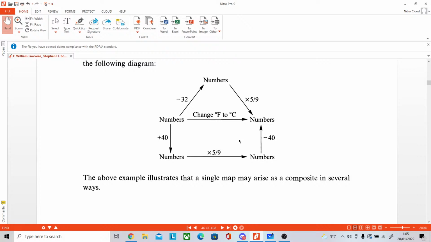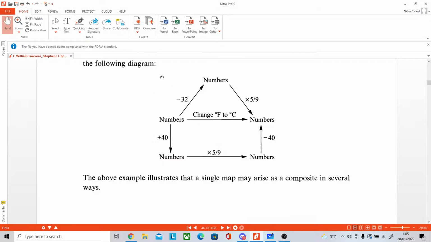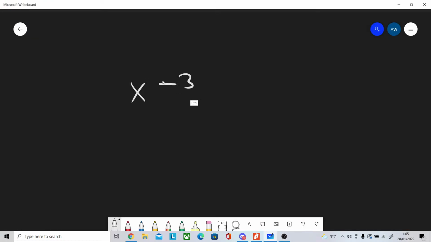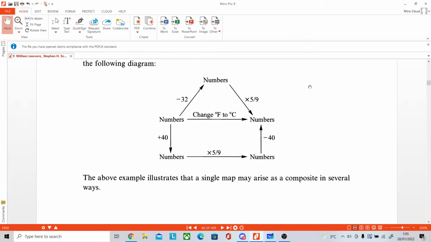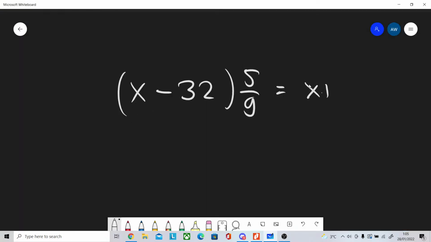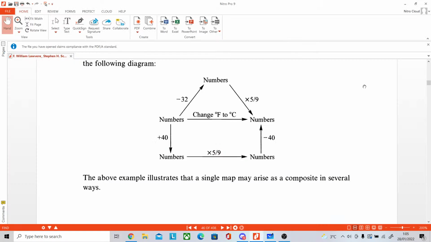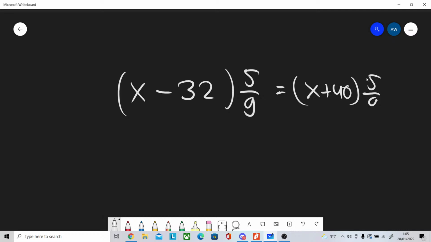And we can verify this. This is actually interesting. If you have a number x, subtracted by 32, and then multiplied by 5/9, is that the same thing as (x plus 40) times 5/9, minus 40?